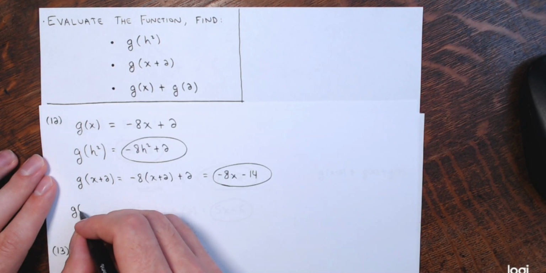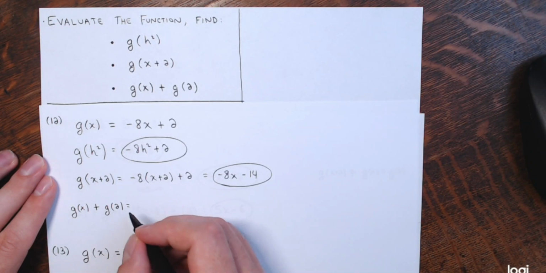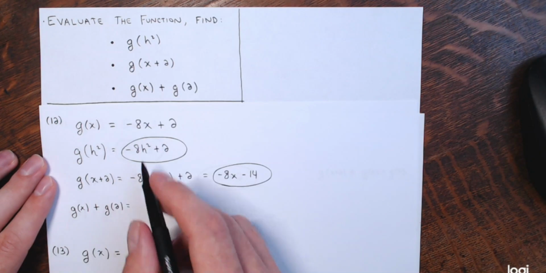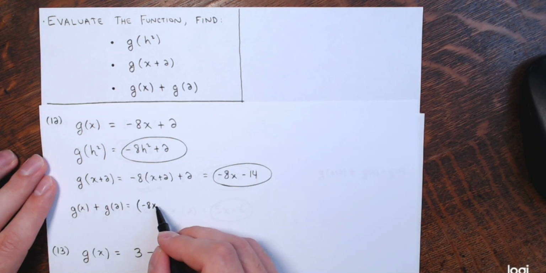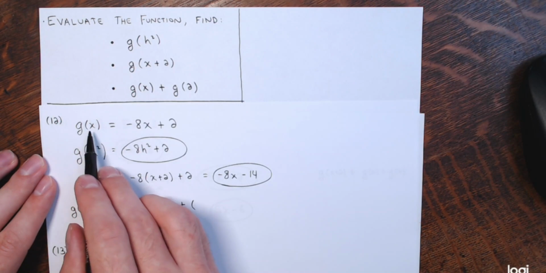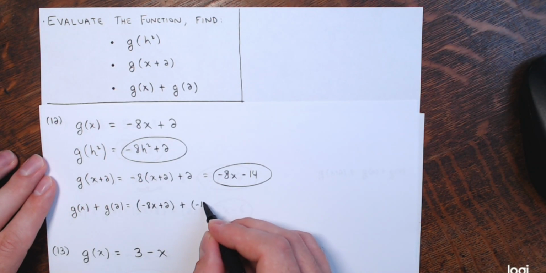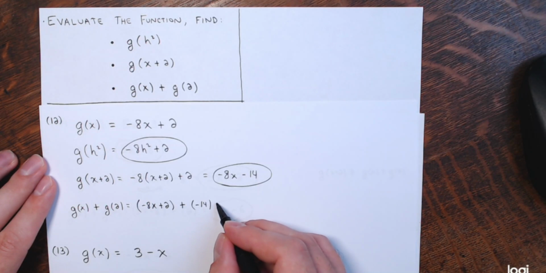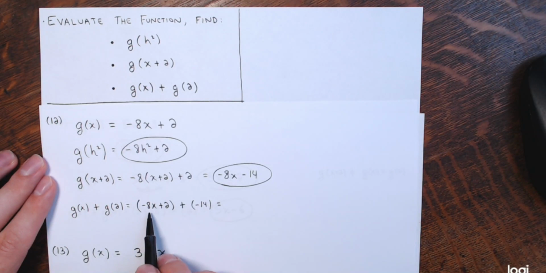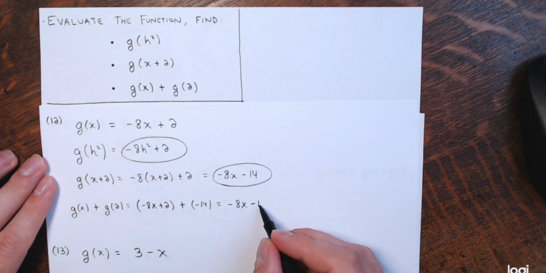And then what's the value of g at x plus the value of g at 2? Well, g at x is given. That's this negative 8 times x plus 2, plus the value of g at 2, which would be negative 14. All right, negative 8 times 2 is negative 16, plus 2 is negative 14. And yeah, putting the constants together, we'd have negative 8x minus 12.